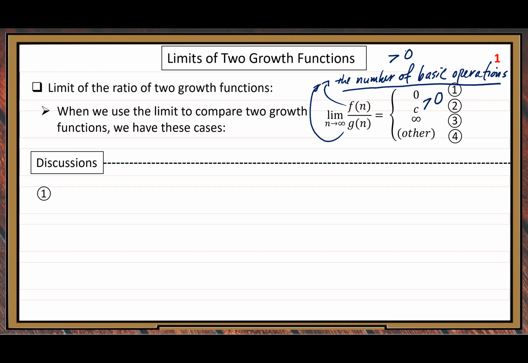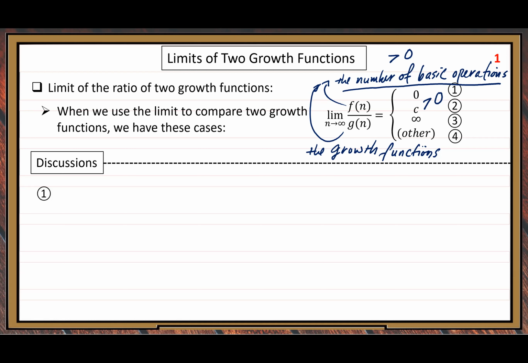For the first case, the limit equals 0, and we call f of n, g of n the growth functions, because we use these functions to measure the growth rates of our efficiency functions.